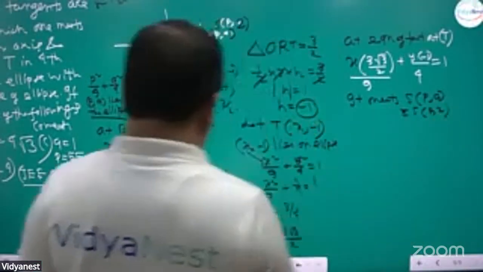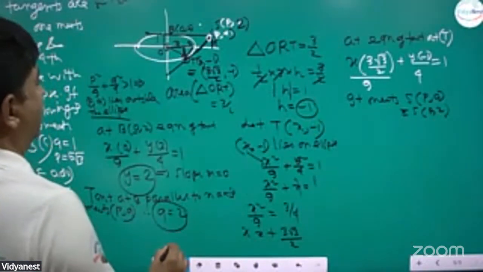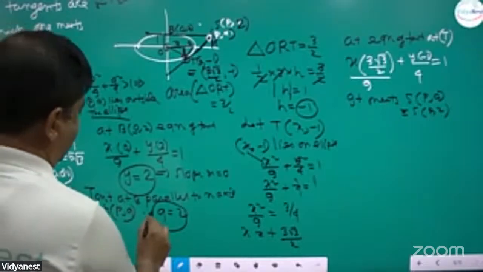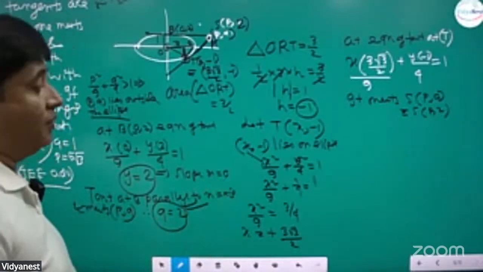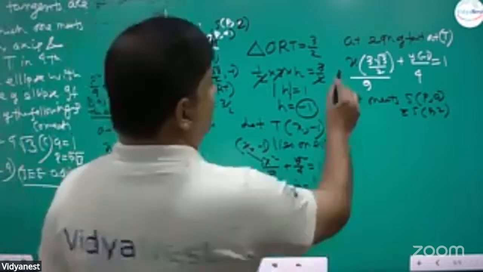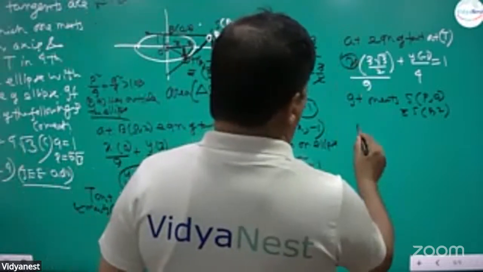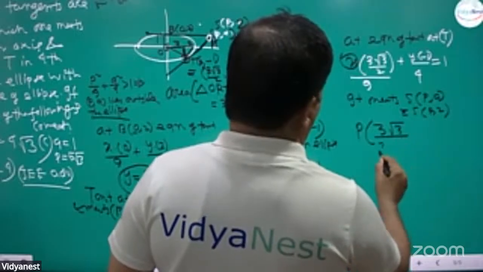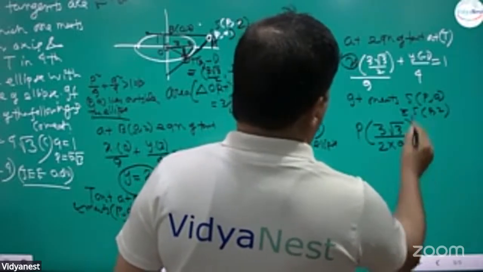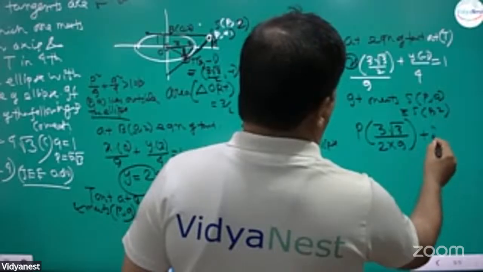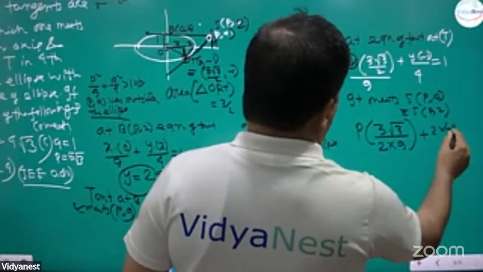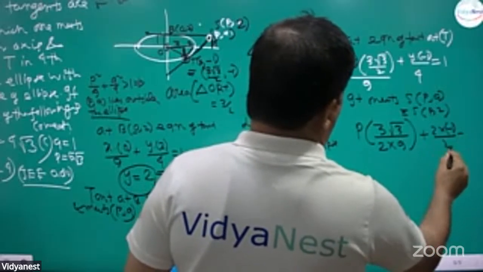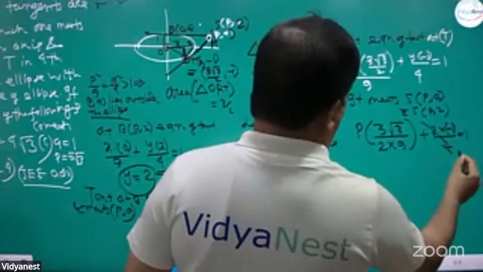Why? Because earlier we got Q is equal to 2. Now in place of x put P, and in place of y, 2, is equal to 1.